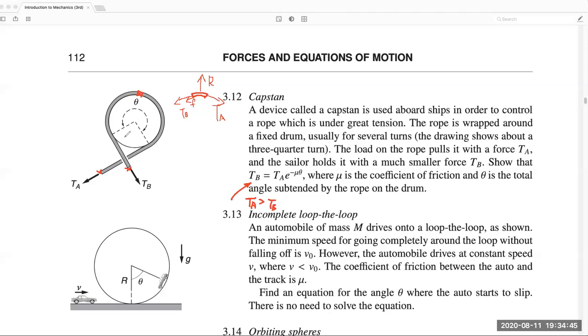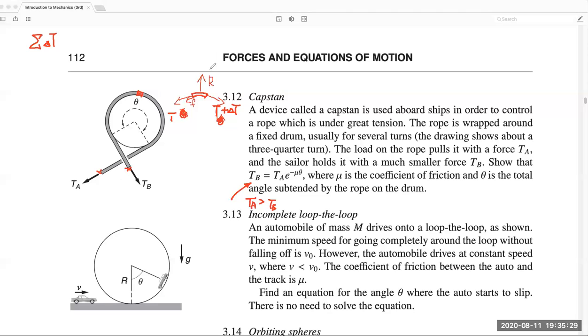So maybe you let it be T, and because the tension is not equal on both sides, you let this one be T plus delta T. For each small part, the tension has been increased by delta T. The concept is that you chop it into many small parts, and after that you sum the change in each small part, such that you get the total change in the tension, TB and TA.